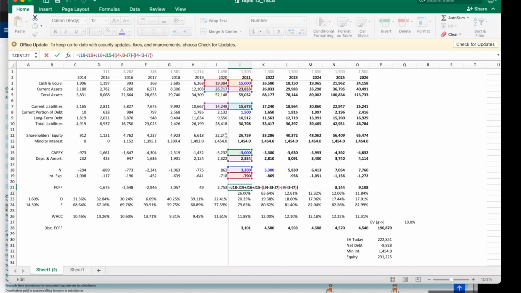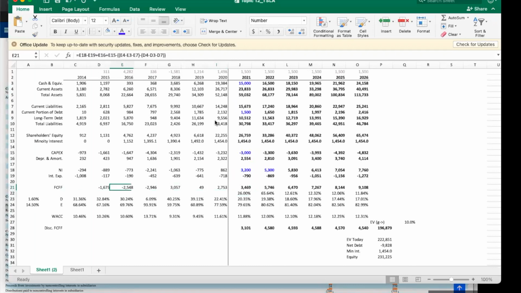It is expressed as a negative number, so I add it. So you have to make sure that the signs are in the correct direction based on how they're presented in your data. And then I subtract the change in working capital. Working capital is current assets less cash, less current liabilities, minus the prior period's non-cash working capital. And so that's a formula that I have in all of this.